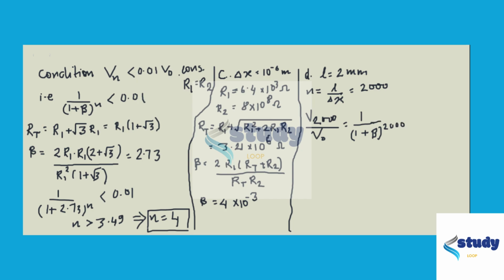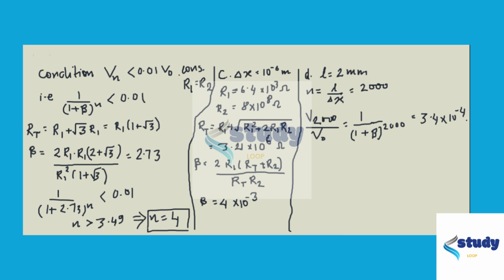Now we calculated beta to be 4 into 10 to the power minus 3. Just plug this in here. So this gives me 3.4 into 10 to the power minus 4. Wow. The voltage decreases very sharply in the 2000 segments. That is by 3.4 into 10 to the power minus 4.